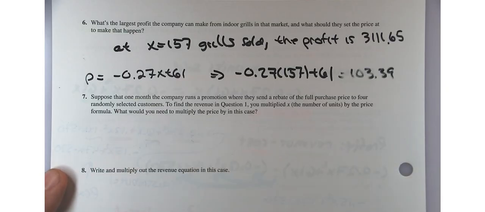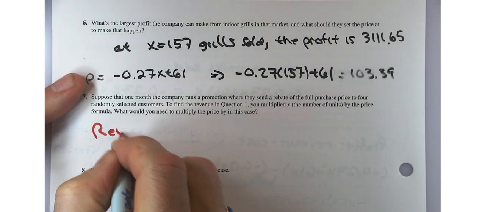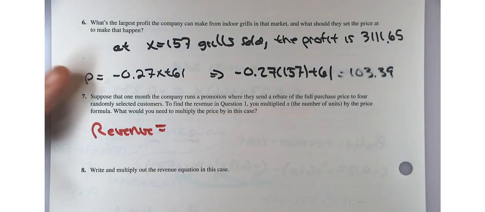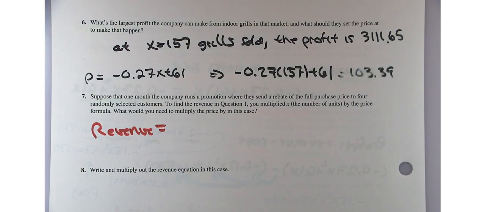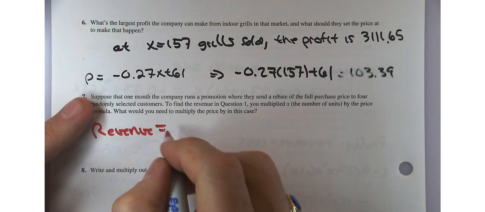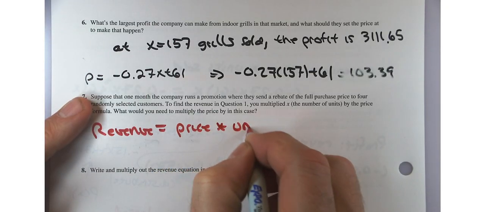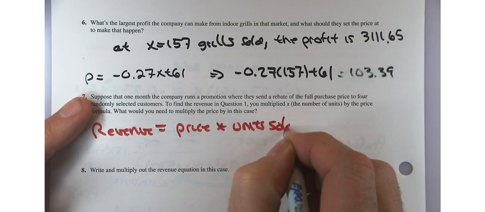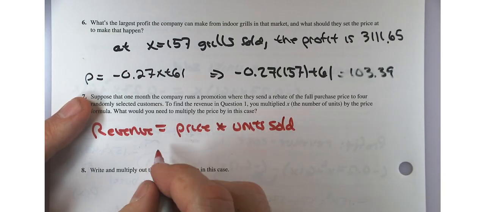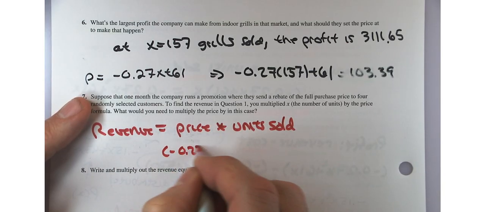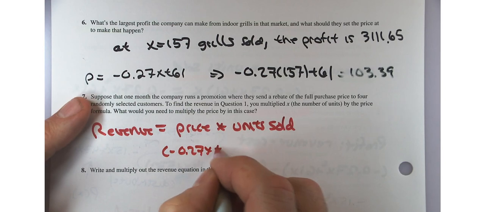So if I want to find the revenue equation for this one, revenue is still going to be price times the number of units sold. And the price was negative 0.27x plus 61.